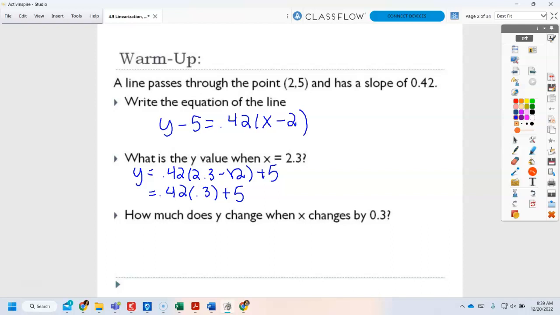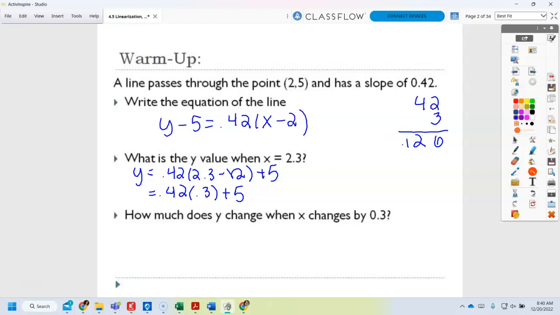You could go and multiply out using old school multiplication, 0.3 times 0.42, and then you count your decimals. You got 0.126.